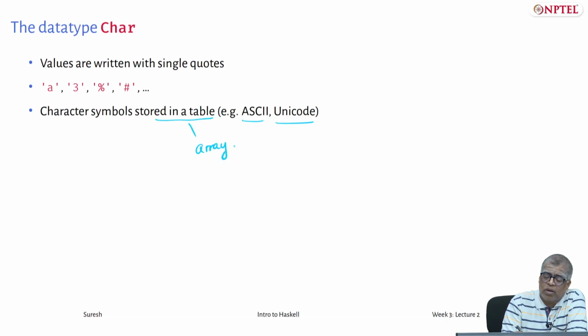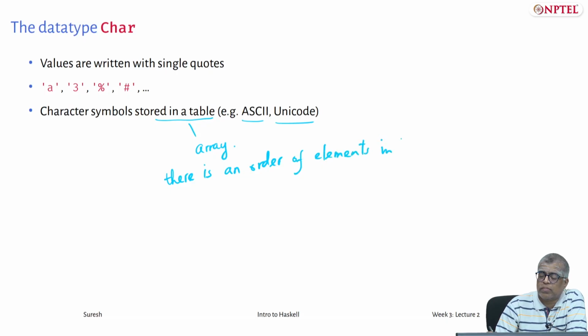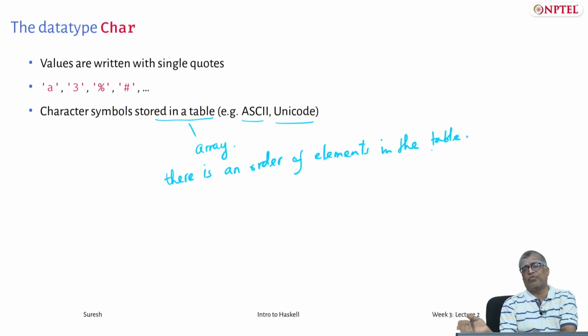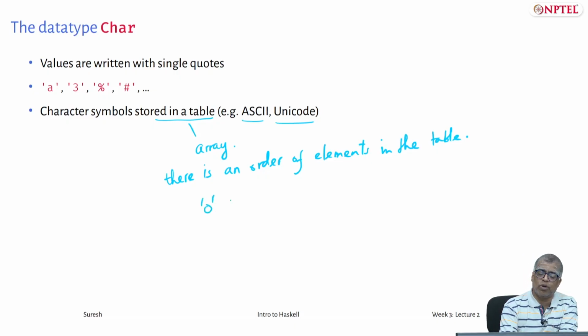Think of an array. There is an order of elements. The table is like an array, so it will have indices 0, 1, 2, 3, 4, etc. There will be some character stored at index 0, some character stored at cell 1, etc. So for instance, the character 0 will be stored right before the character 1, which will be stored right before the character 2, as you would expect.